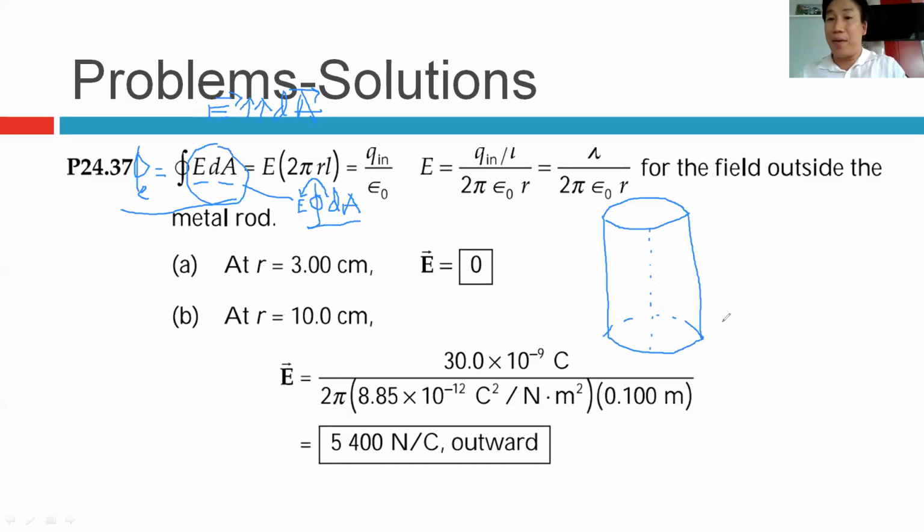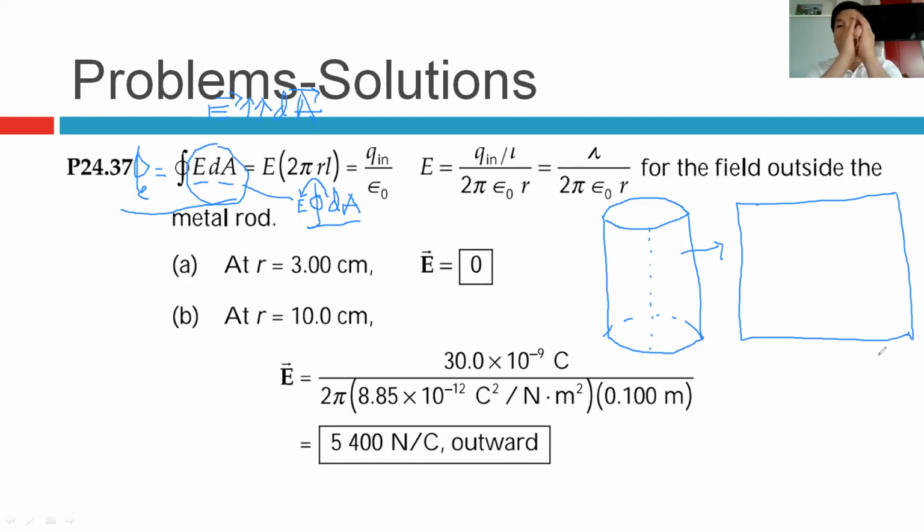I cut along the axis here, and I open it. Can you see? When I cut it and open it, it should be a rectangular shape, so it's the easiest for you to calculate this area.